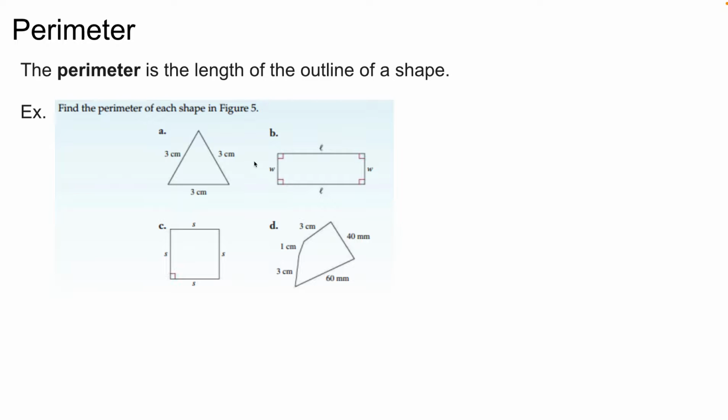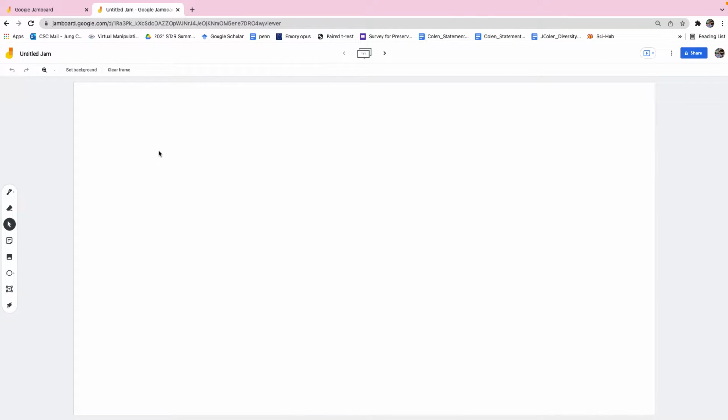In a rectangle, perimeter is L plus W plus L plus W. So if I write that again, it's L plus W plus L plus W, right? If we combine them together like terms, we have 2 L's and we have 2 W's.